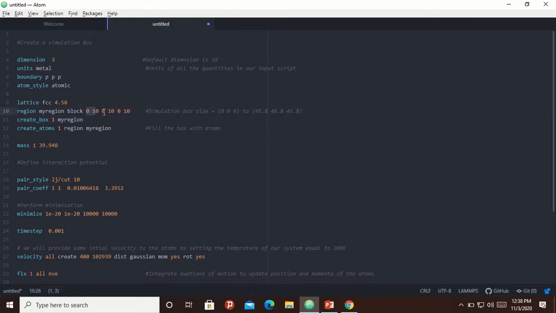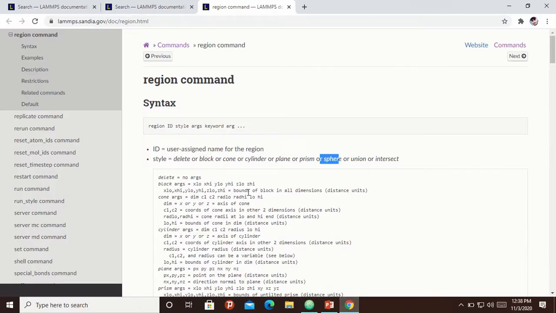So 0 to 10, 0 to 10, 0 to 10: this is for the x direction, this is for y, and this is for z direction. You can see here this is block, and the arguments are x low, x high, y low, y high, and z low, z high. So these are the bounds of the block in all dimensions.